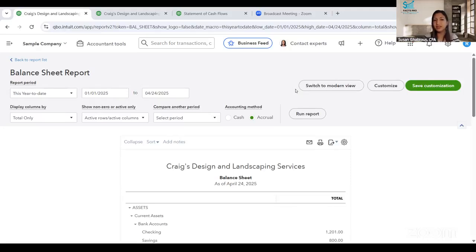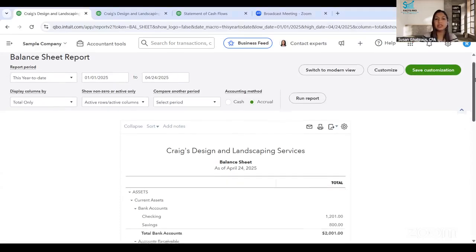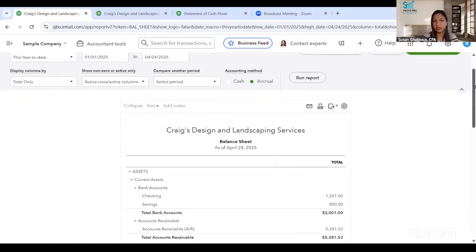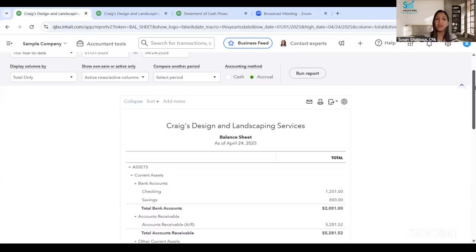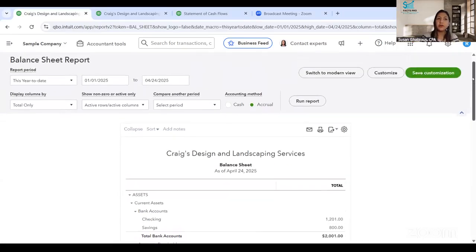It happened to be a design landscaping company, but you get the point. You're going to get a better high-level understanding of how your financial statements should look and what they mean for you. All right, so the first thing we're going to look at is the balance sheet report.